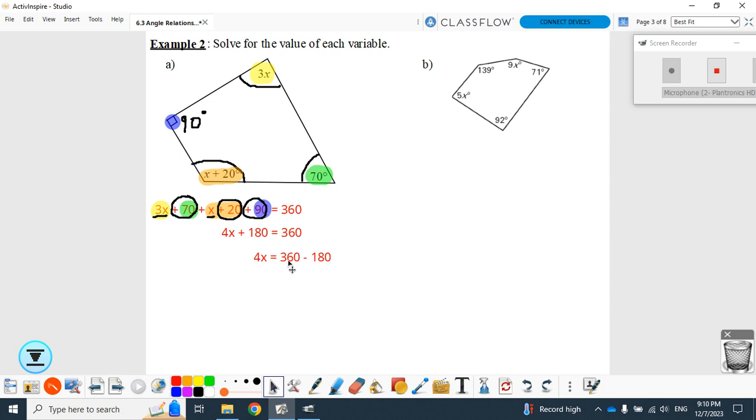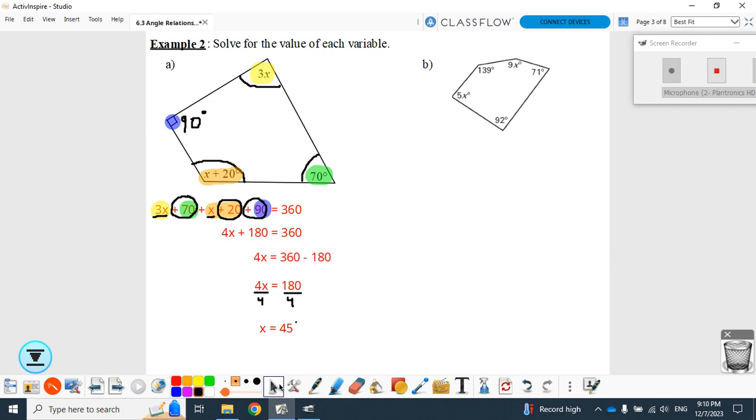We know that 360 minus 180 is just 180. And then from here, in order to get rid of this multiplying 4, we're going to divide each side by 4. On the left-hand side, the 4's cancel. And on the right-hand side, we're just left with 45 degrees. So x in this case is 45 degrees.